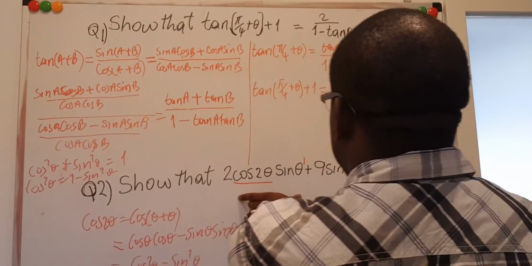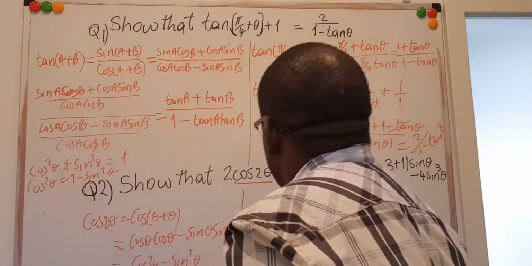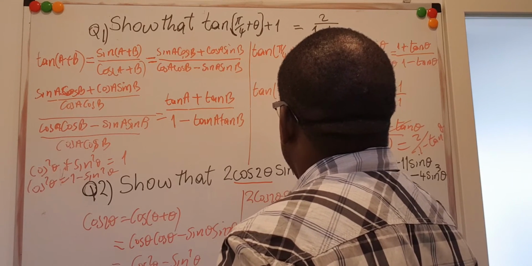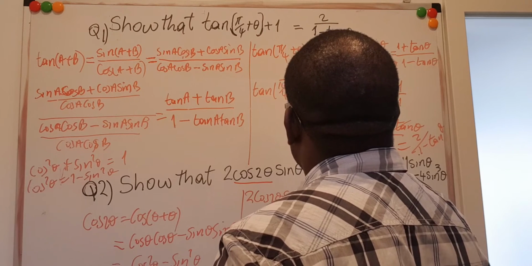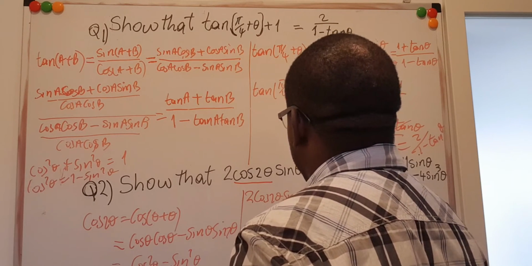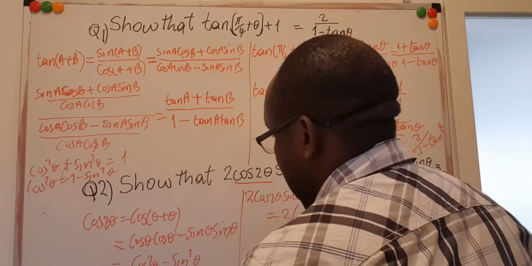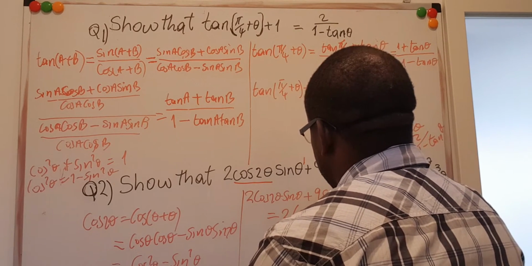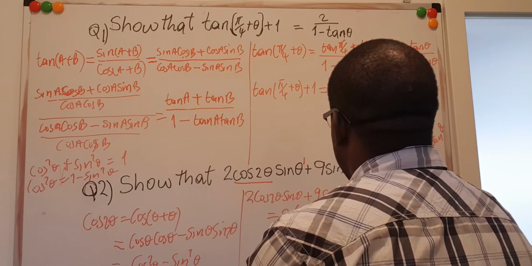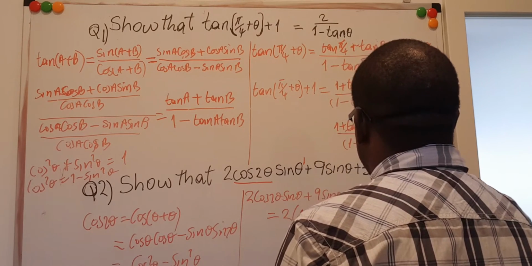So I can come to my expression here, and I say, so my 2 cosine of 2 theta sine theta plus 9 sine theta plus 3 is equal to 2 times, I put this that we had here, 1 minus 2 sine square theta times sine theta.